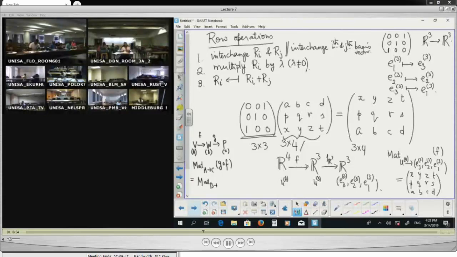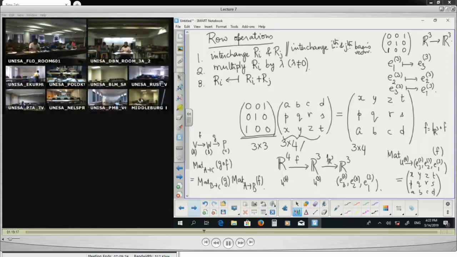So this F that I am writing is actually identity of R3 composed F. So the matrix of this composition with respect to this interchanged basis, what will it be?